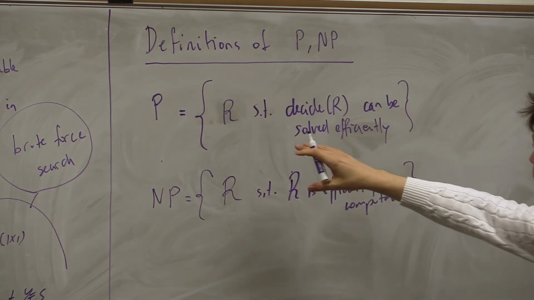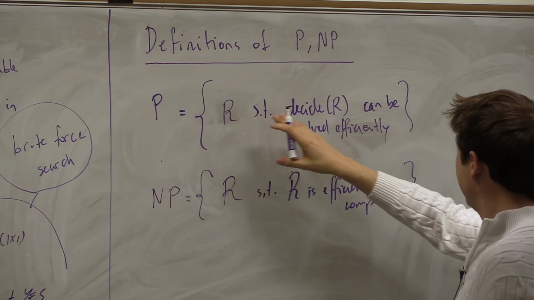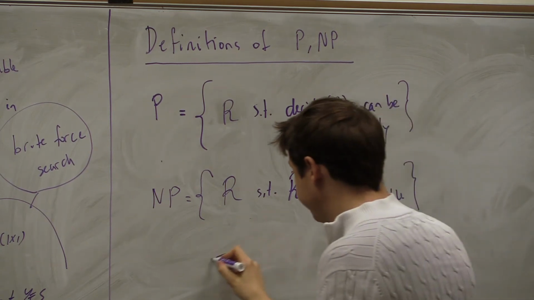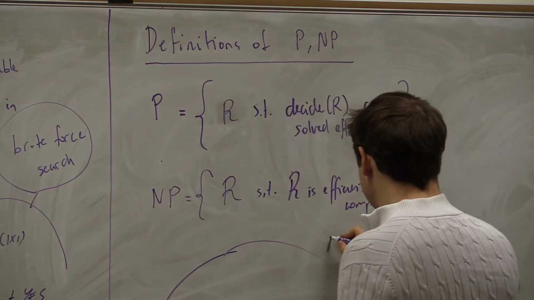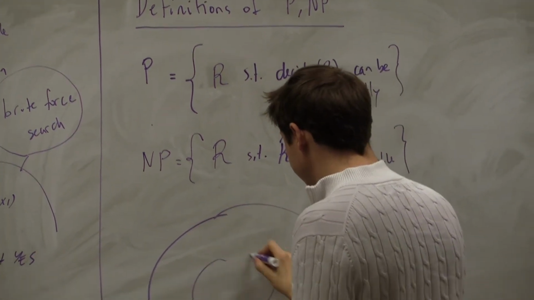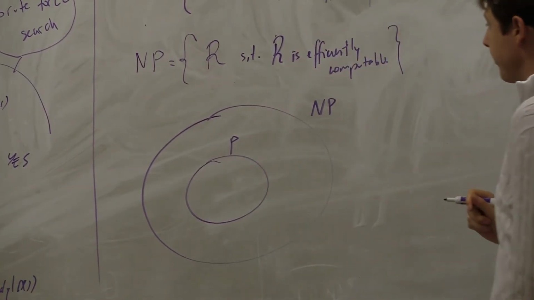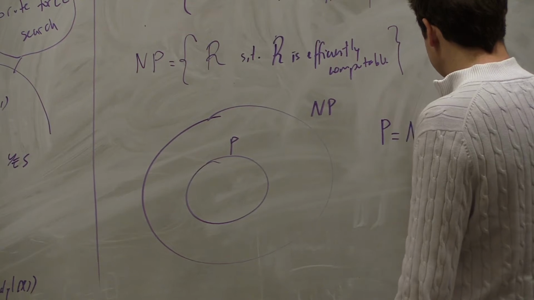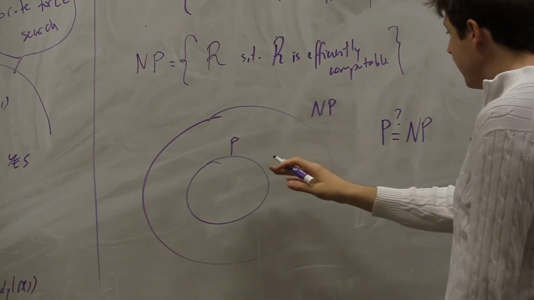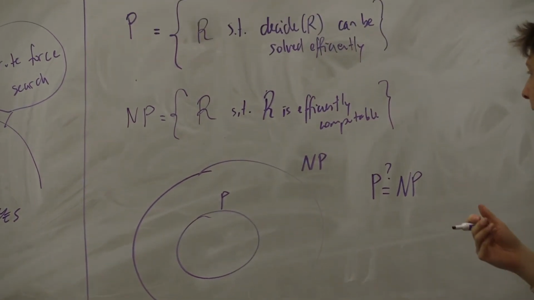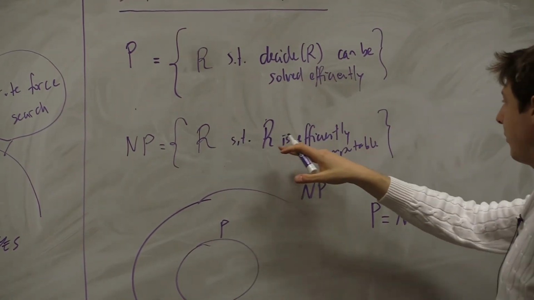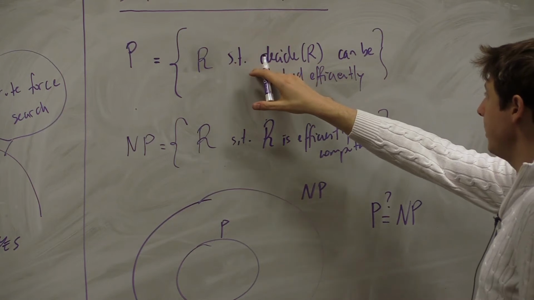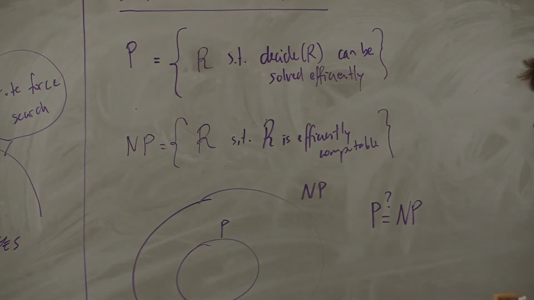Now clearly, if R can be solved efficiently, then R is efficiently computable. So that's why all P relations are contained in NP relations. And the question of whether these two sets are the same is tantamount to asking, is it the case that every efficiently computable relation is such that its corresponding decision problem can be solved efficiently?